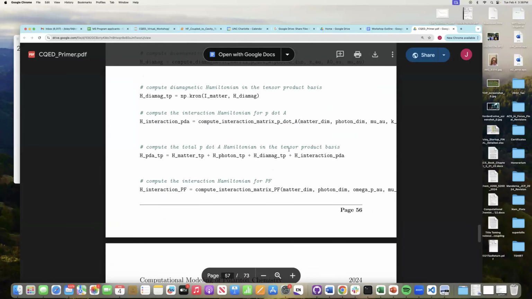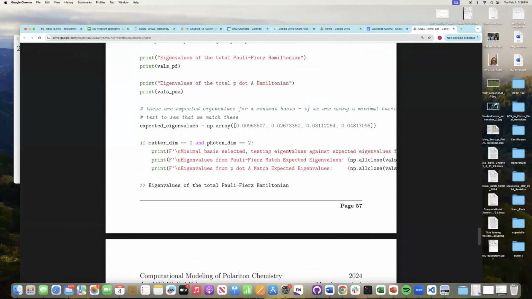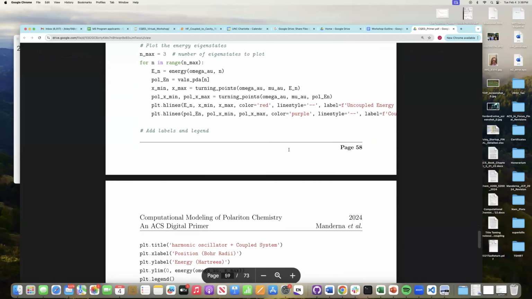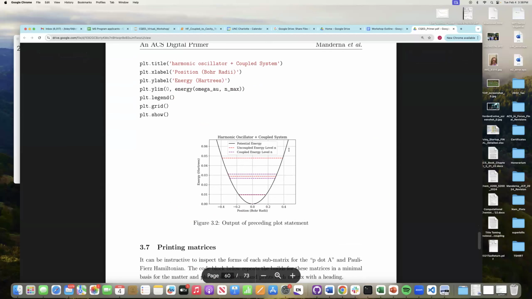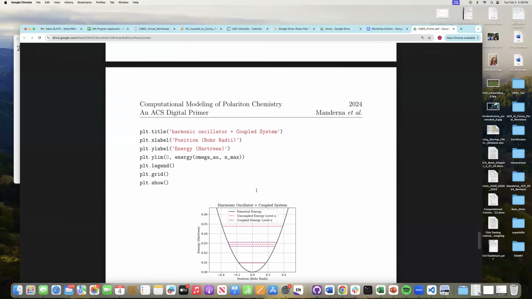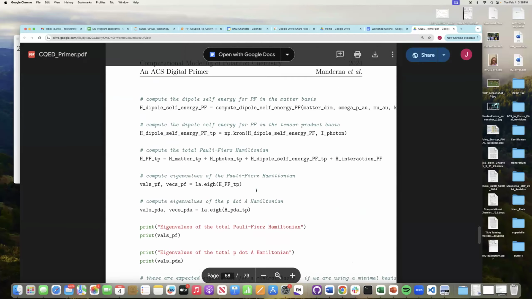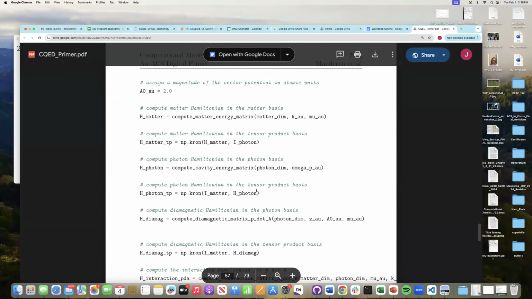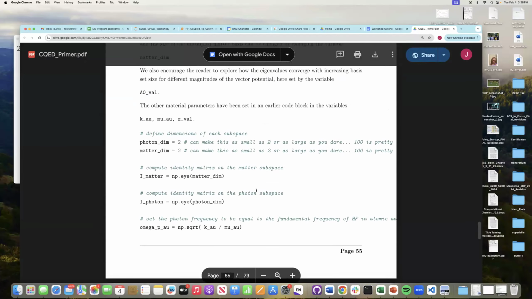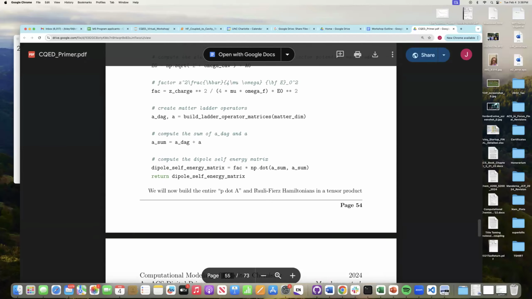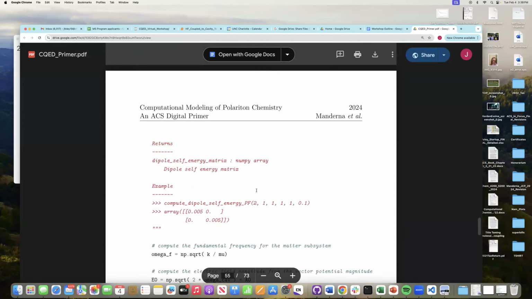No. So this is what we're expecting things to look like. I guess the only other thing I'm wondering, I bet what we have done is we have included the 0-point energy in both the matter and the photon.